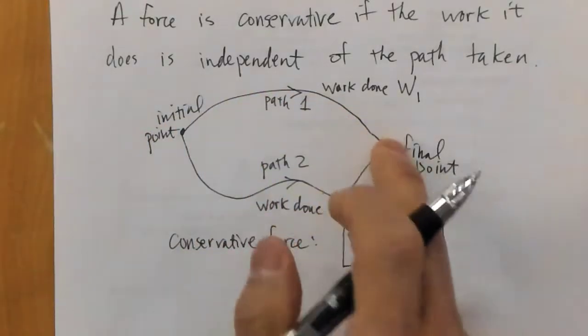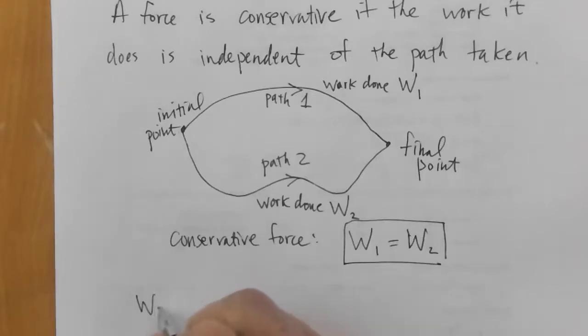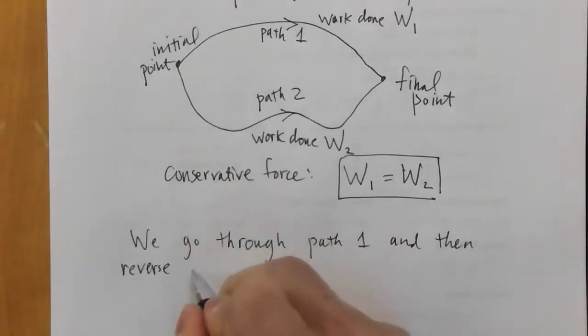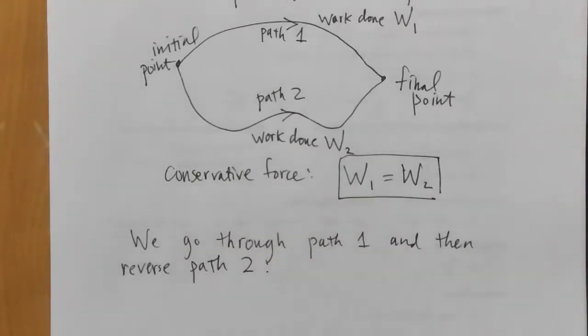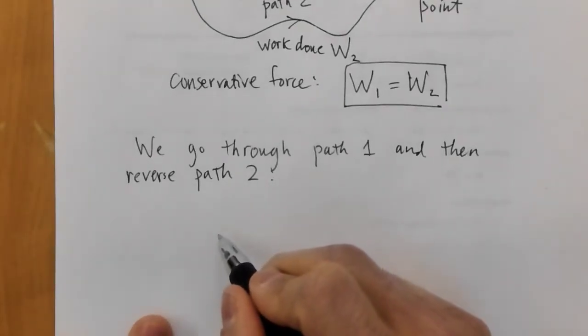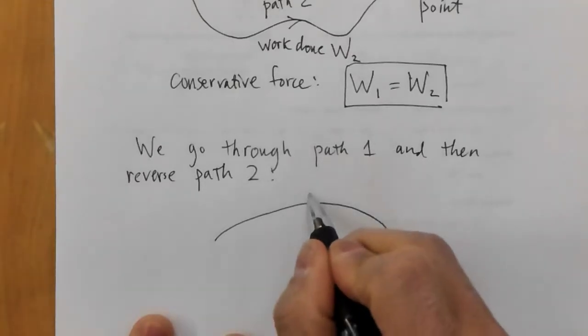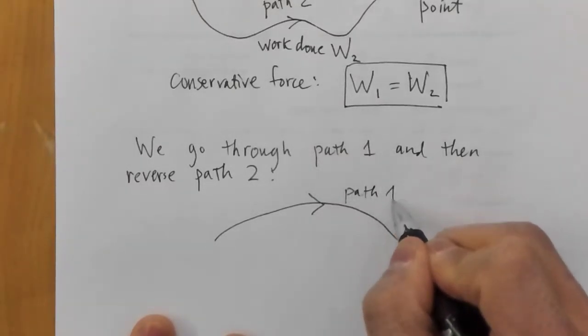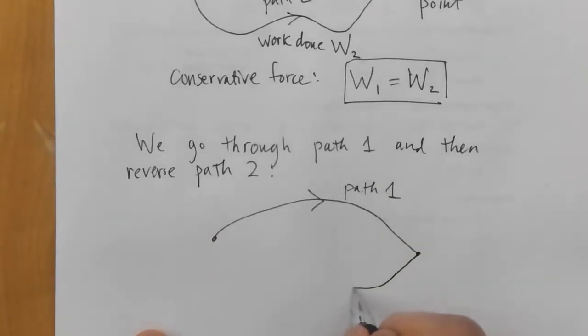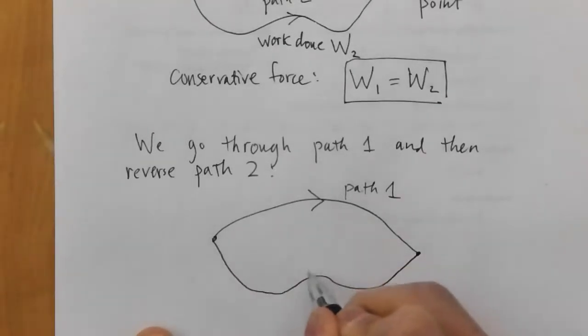Now what I'm going to do is take path 1, and then reverse path 2. Let me try to draw what I had before. I'm going to have to slide down a bit like this. So we do path 1, looking something like this. That was the beginning, this was the end, but now I'm going to go through path 2 in reverse.